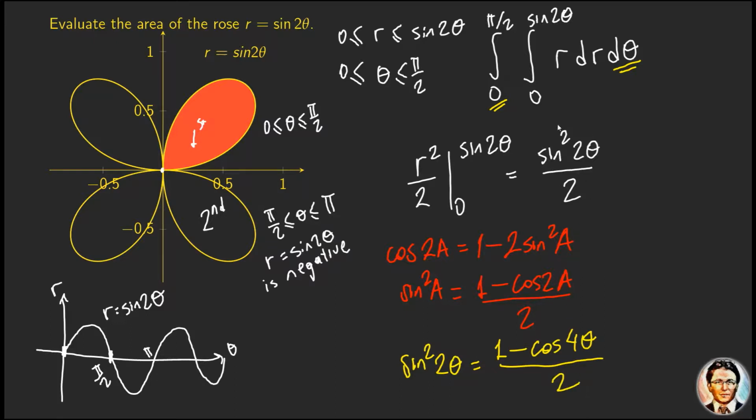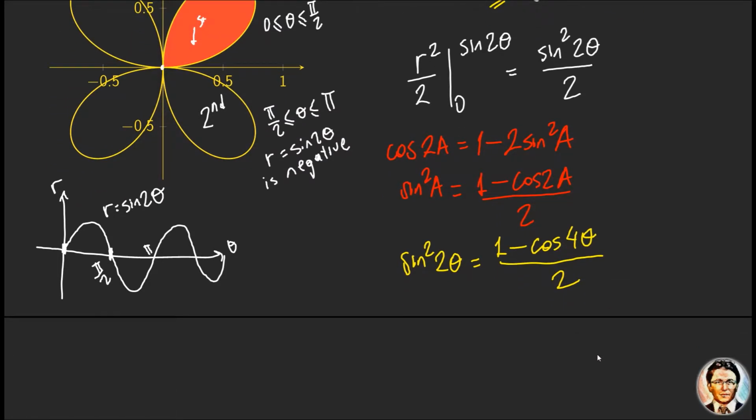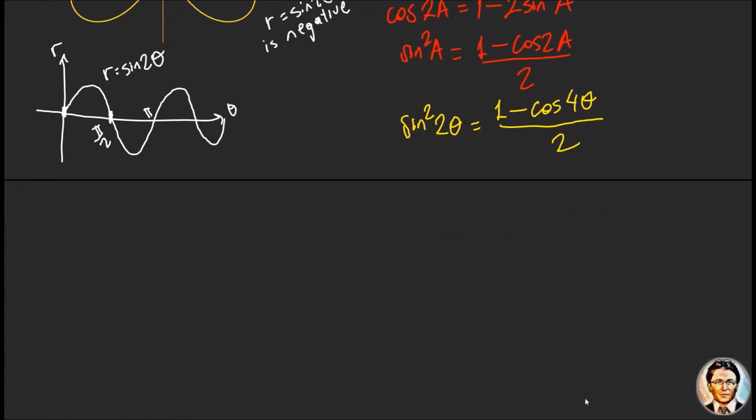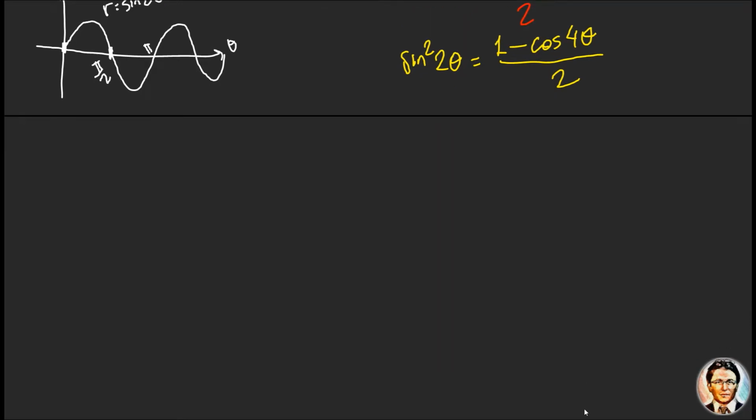So the inner part of the integral is this, and now we have to calculate the integral from 0 to π/2 of sin² 2θ over 2 dθ.